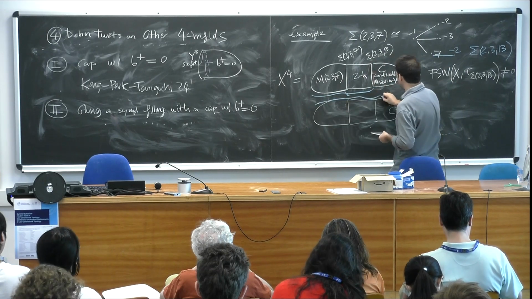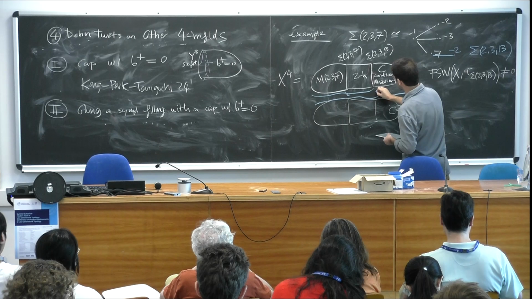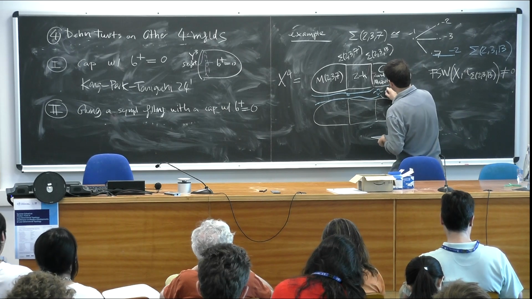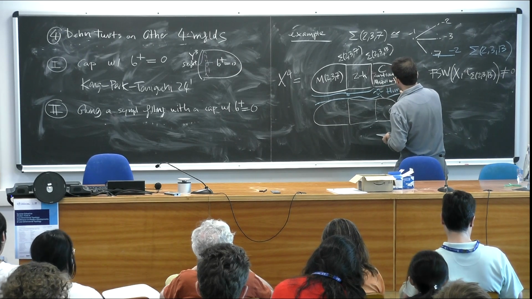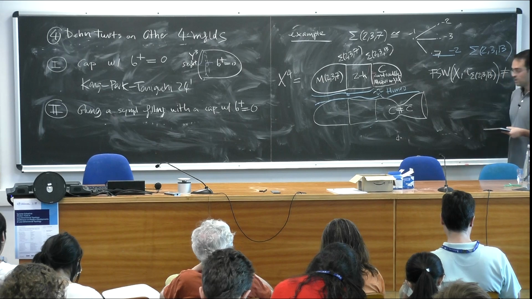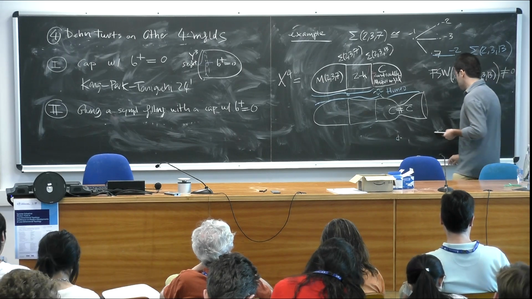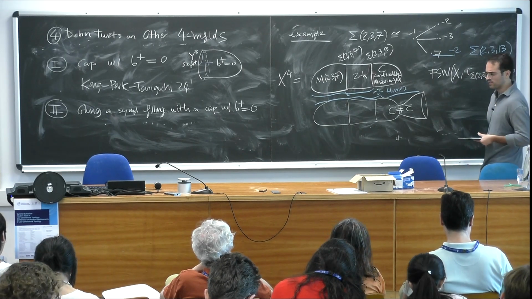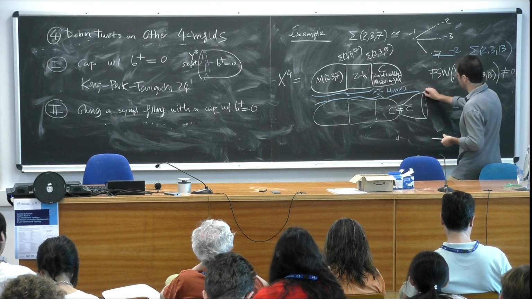So by a Freedman type result, these two manifolds are homeomorphic as 4-manifolds with boundary. This is by a Freedman type result due to Boyer and Stong.